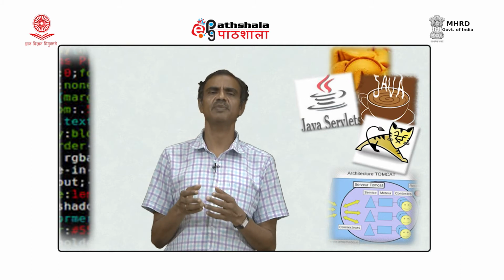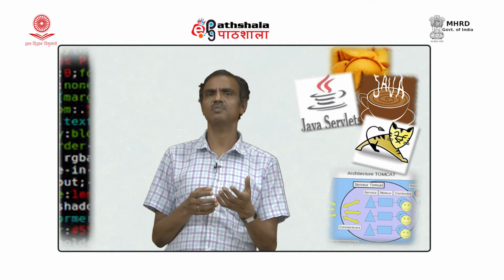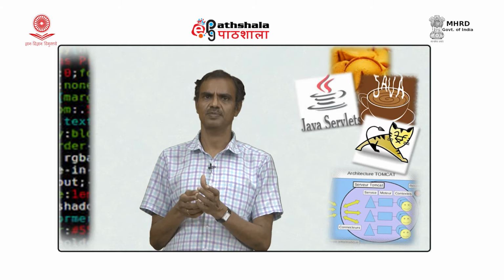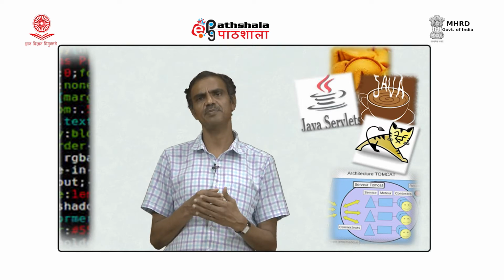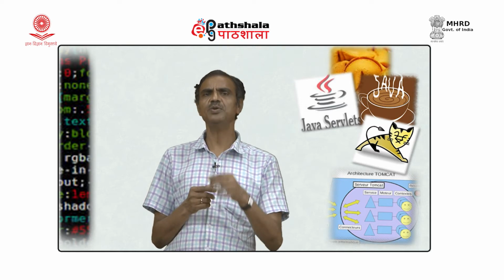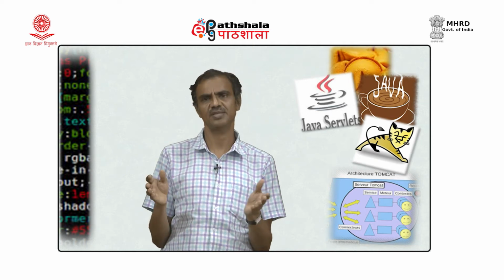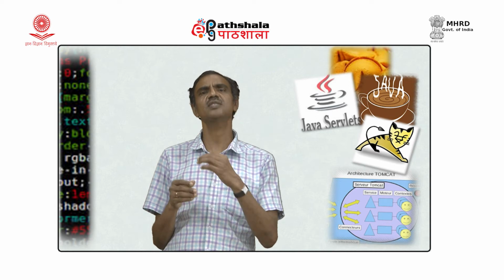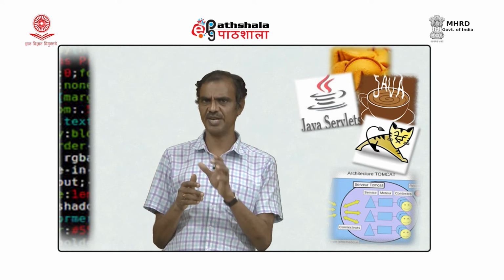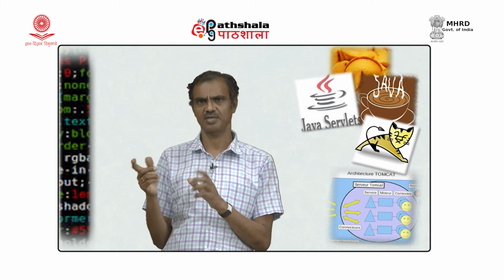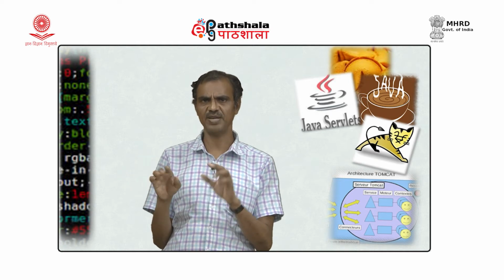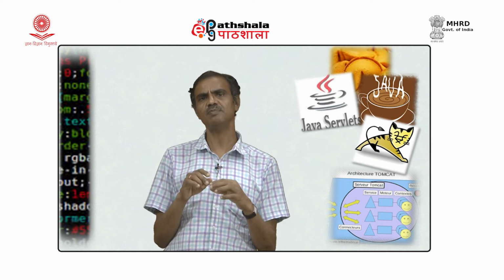So, we have this object called init param. When we use this init param, it can be used for accessing the initialization parameter of my application. So, init param is a map of string with string, fine.